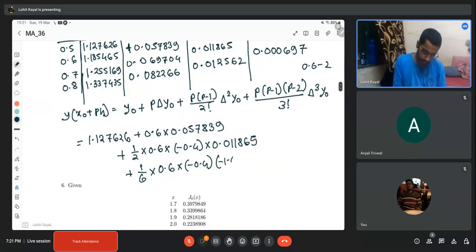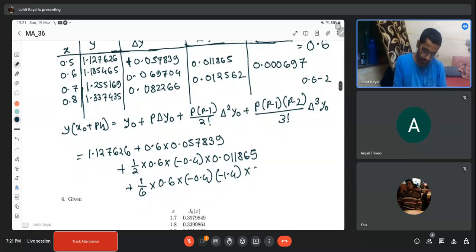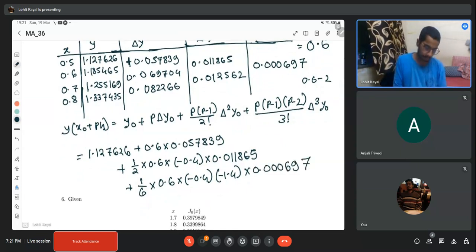It is minus 1.4 into delta cube y naught, which is 0.000697.